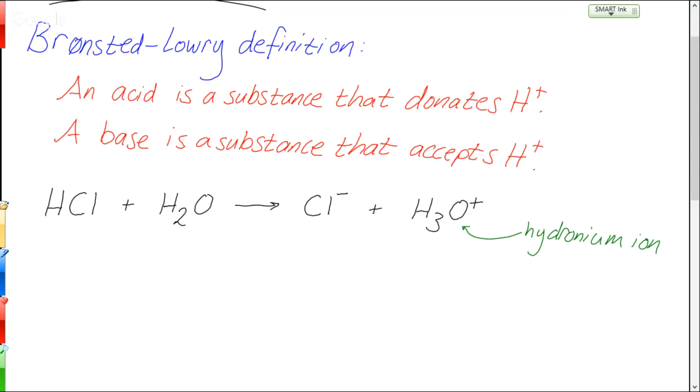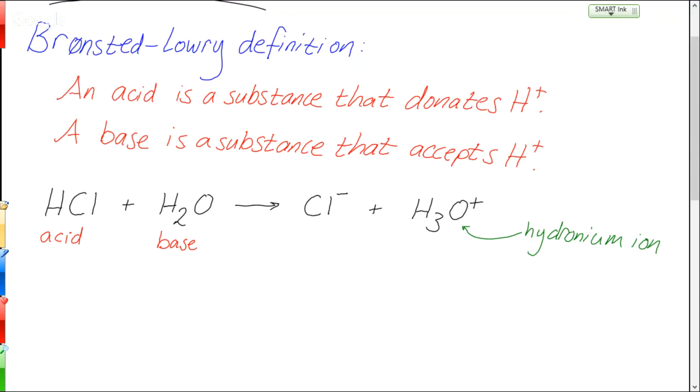The H+ has gone from the HCl to the H2O. So that means that in this reaction, the HCl is acting as an acid because it's giving away its hydrogen. It's donating its hydrogen ion. And then we could also say that the H2O in this reaction is acting as a base. So in an acid-base reaction, we have a transfer of H+. H+ goes from one molecule to another one.